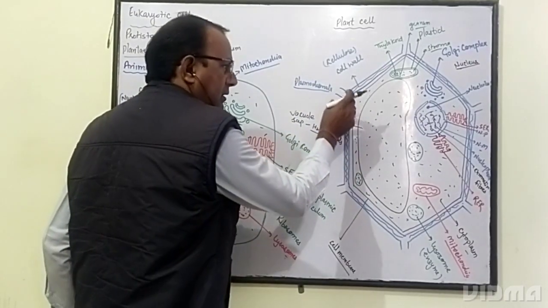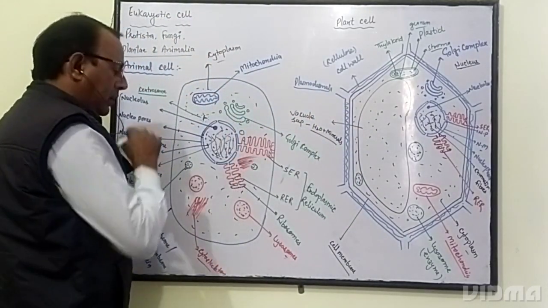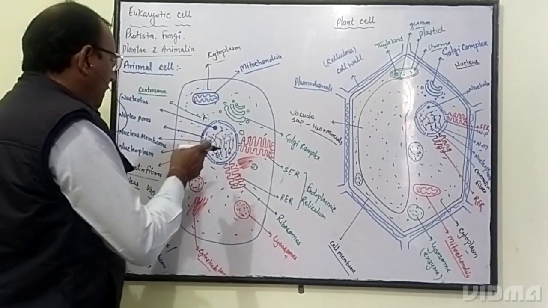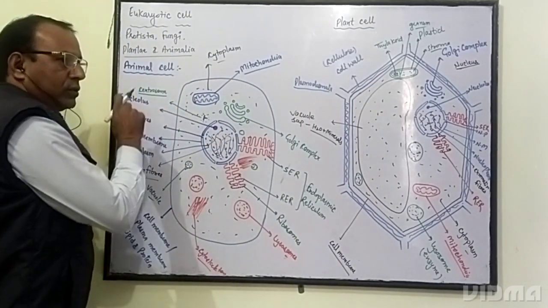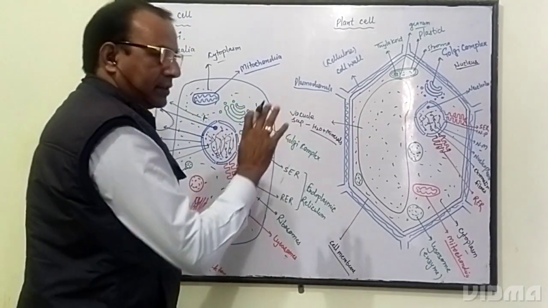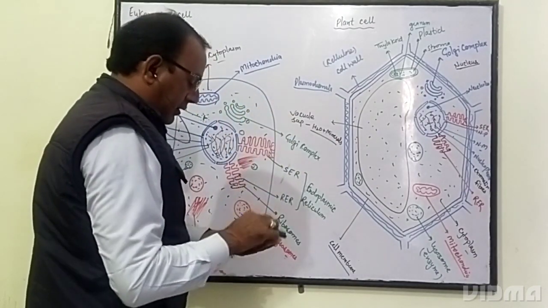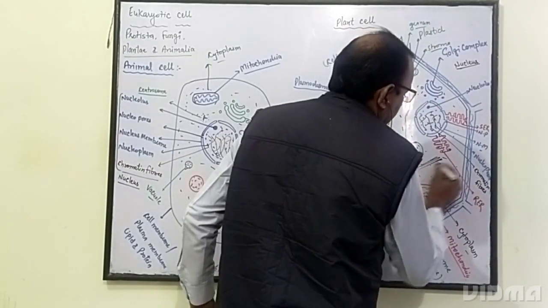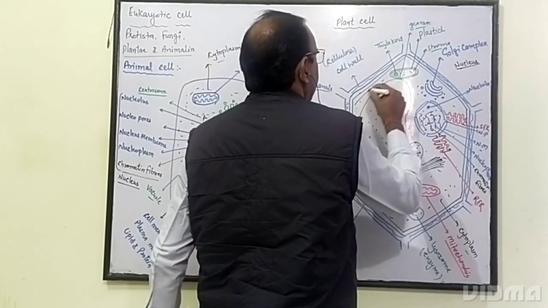The plant cell contains a cell wall, not the animal cell. The plant cell contains plastids, not the animal cell. The animal cell contains centrioles but not the plant cell. Some cytoskeleton structures are also present in the plant cell.